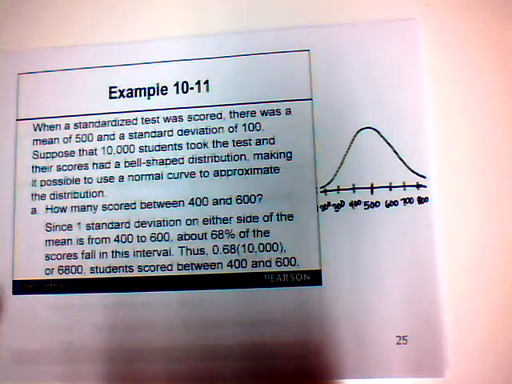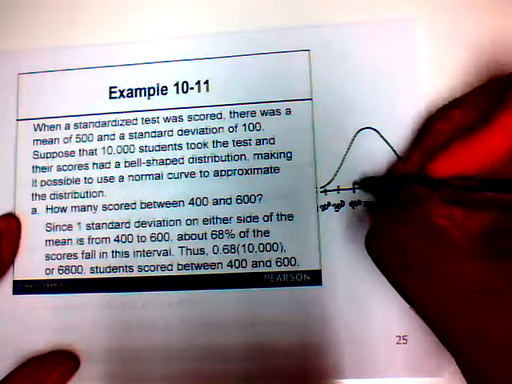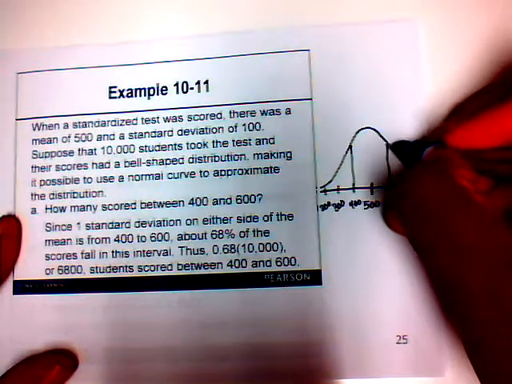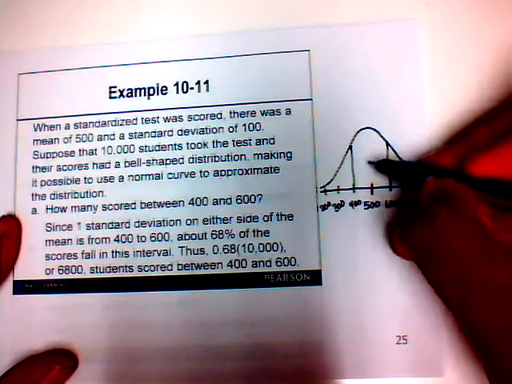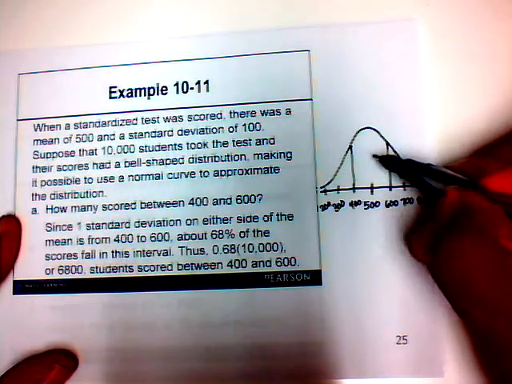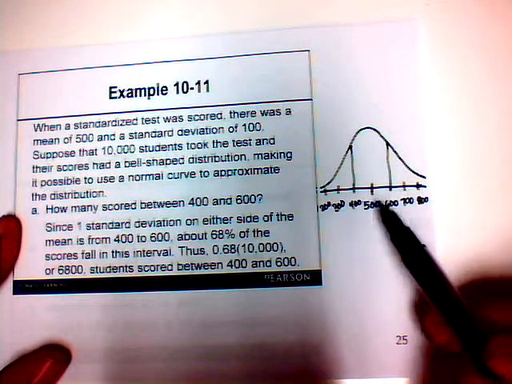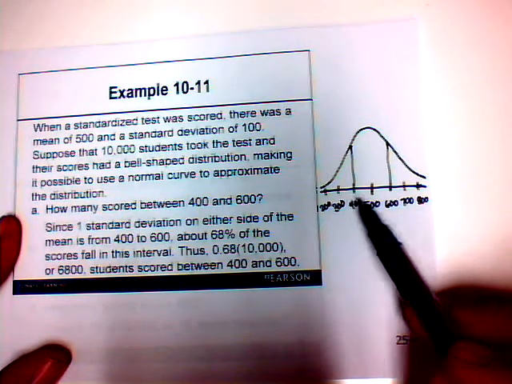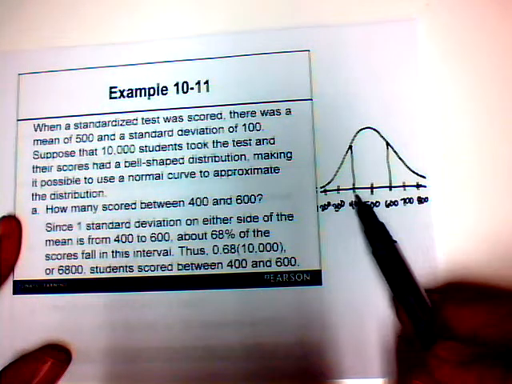So in other words, we want to find out how many scores are between 400 and 600. Here's 400, and here's 600. Notice that 400 and 600 represent one standard deviation away from the mean.